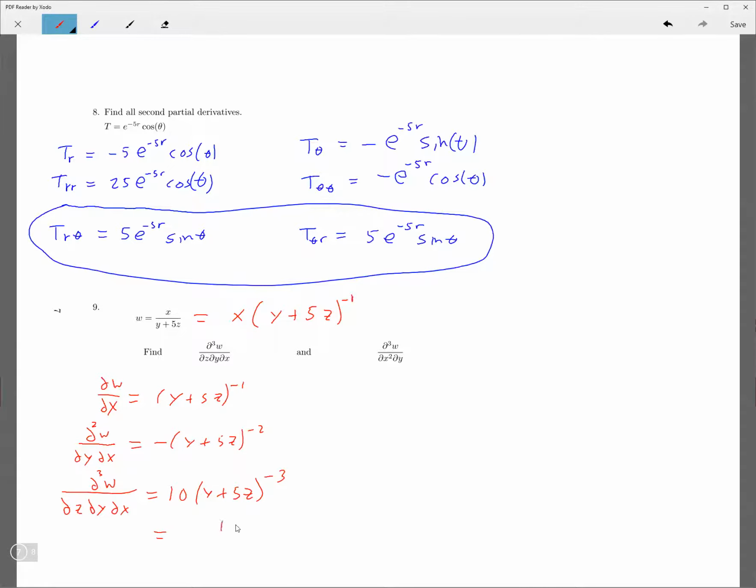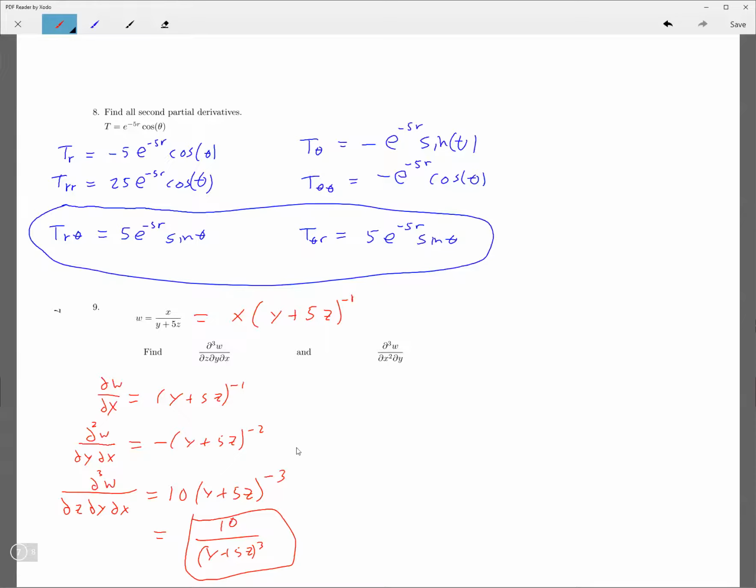And so then that's 10 over (y plus 5z) to the 3rd power. And we'll see if that's the case. Yeah, and so WebAssign agrees that that's the answer.